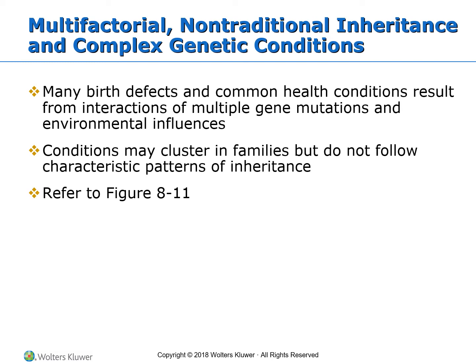But you have birth defects, common health conditions that can result from interactions of the gene mutating, as well as influences from the environment that might cause gene mutation. Conditions can occur in clusters and families, but that does not necessarily mean that it is an inherited gene mutation.